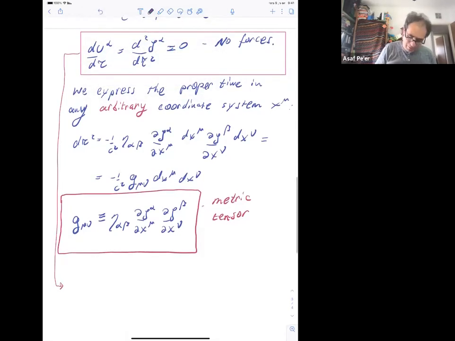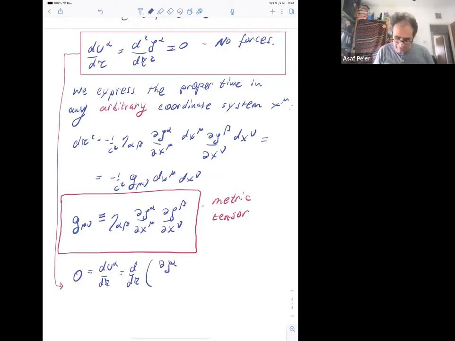We just wrote down 0 = du^α/dτ, which is d/dτ of u^α. Again, I want to express it in the new coordinate system. So (∂ξ^α/∂x^μ)(dx^μ/dτ).